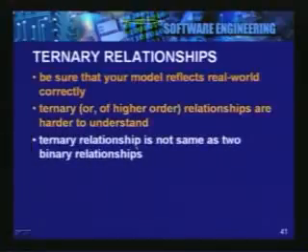A ternary relationship is not the same as two binary relationships. In fact, this is an important point, and therefore it has an implication on modeling. You must capture a ternary relationship correctly, and we will see this through a small example.